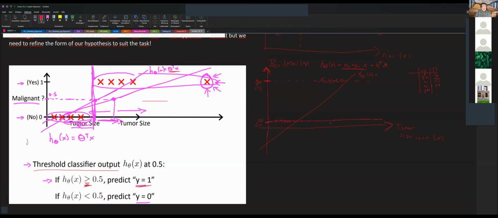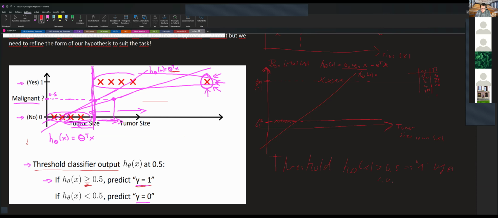And so what we need is a so-called threshold, right? We need a so-called threshold where we say, okay, if this thing is, for example, larger than 0.5, then we predict 1 or yes.